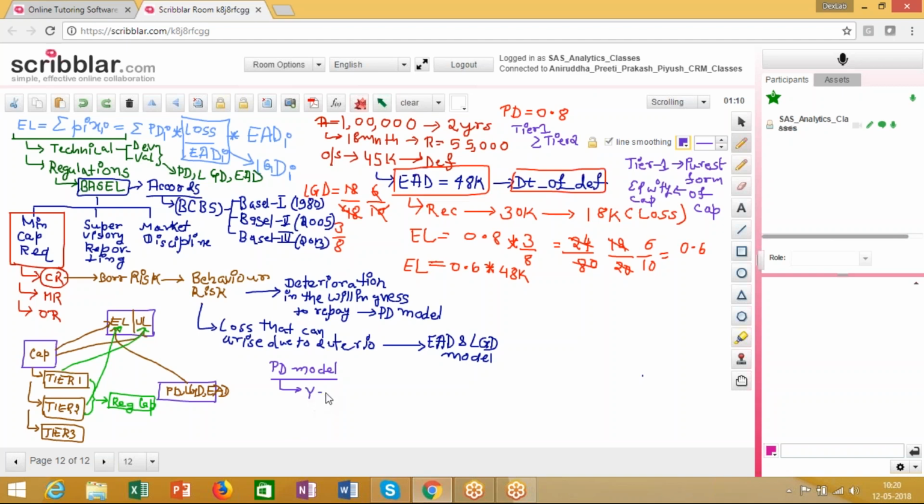So y equals 1 if the borrower defaults in the next 12 months.